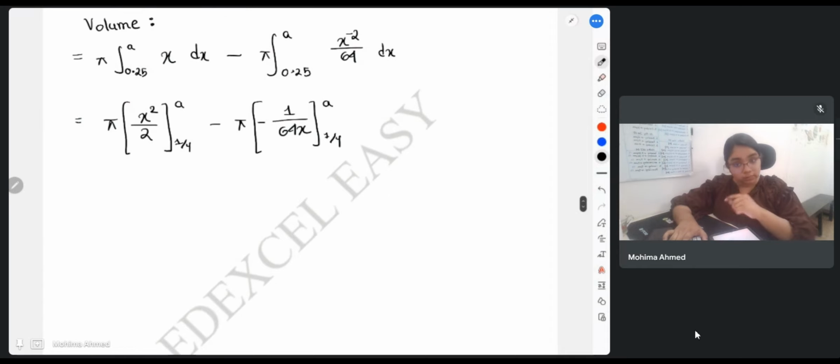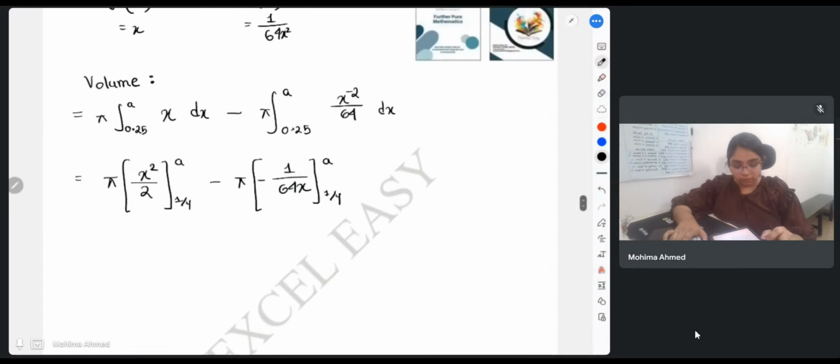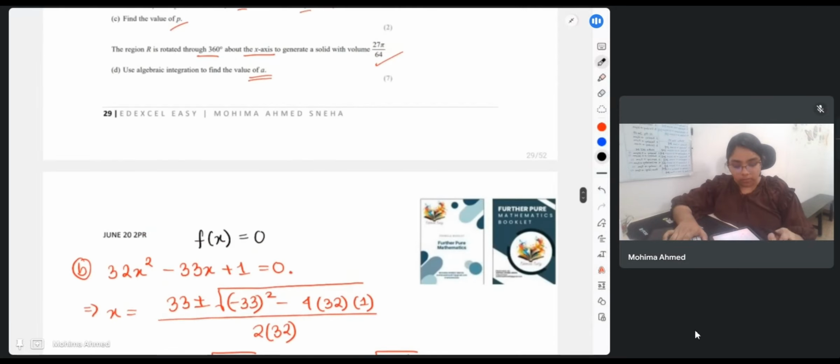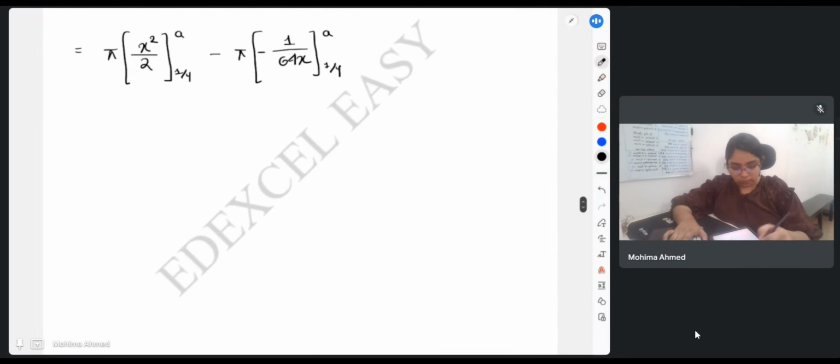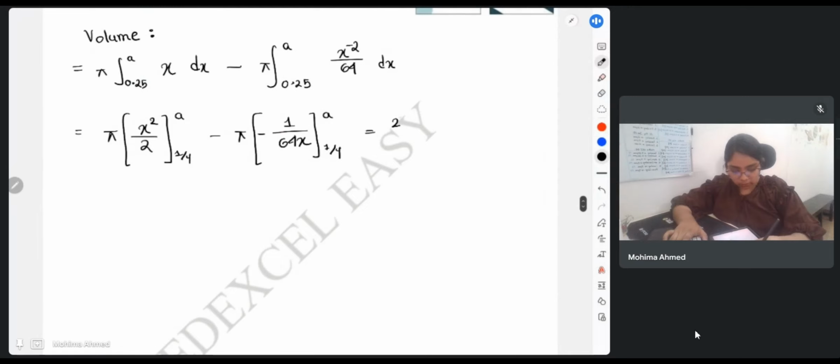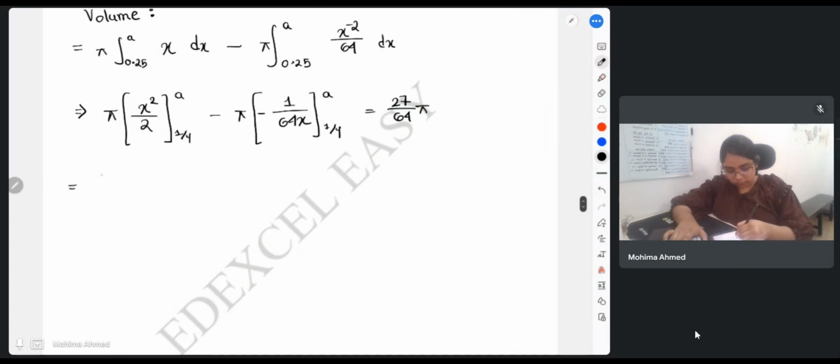Multiplied with pi. And this entire volume was already calculated and given to you as 27 by 64 pi. So this should always be equal to 27 by 64 pi. Now we will continue with this. Over here, it's going to be A squared by 2 minus 1 by 4 squared by 2. This is one part, again multiplied with pi.